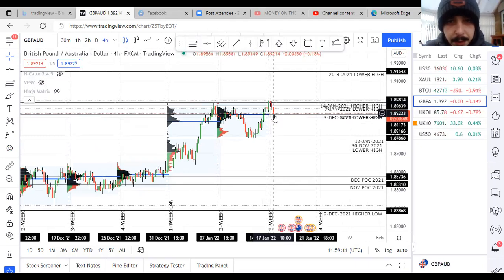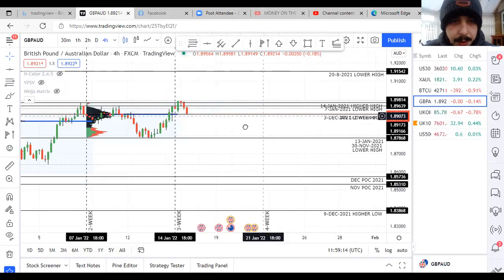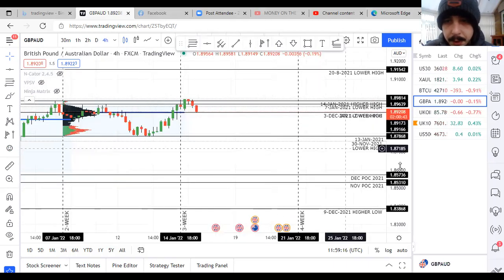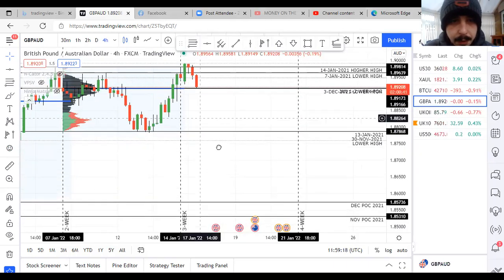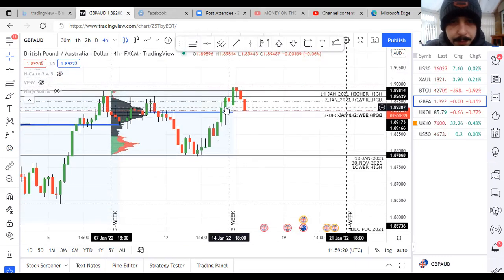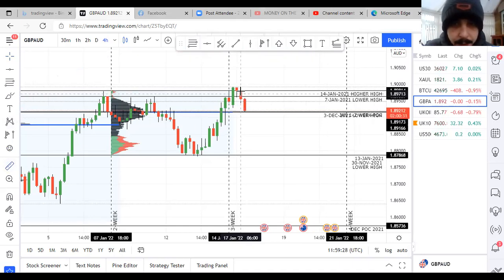Oh, look. POC from last week. Had the rejection, broke price, turned around. You're in. As it goes under the higher high, you've got 63 pips, 4 hours.